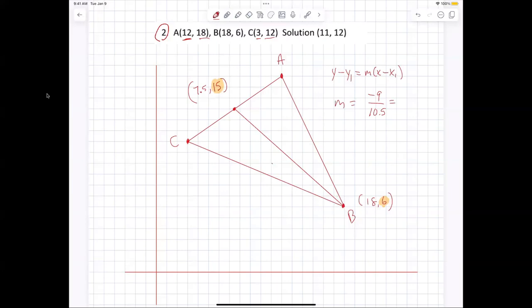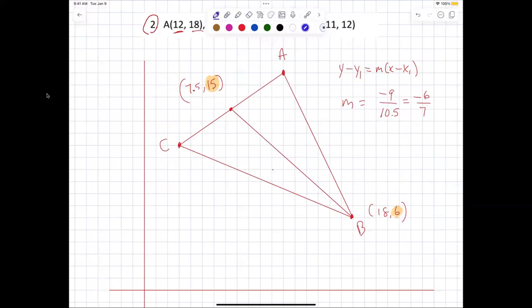Math, enter. And what fraction is that? -6/7. Anybody else have a problem with -6/7? The slope is -6/7. Is everybody agreeing with me? All right. So because the slope is -6/7, let's write the equation now.